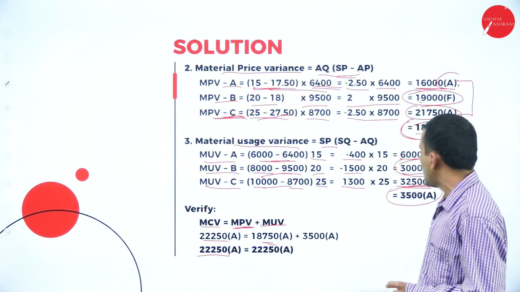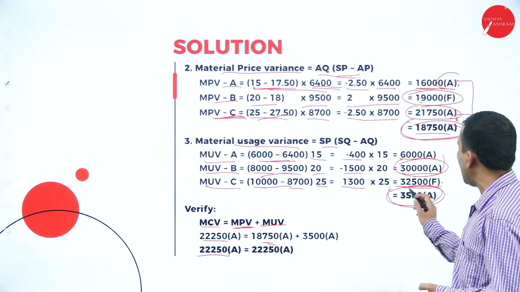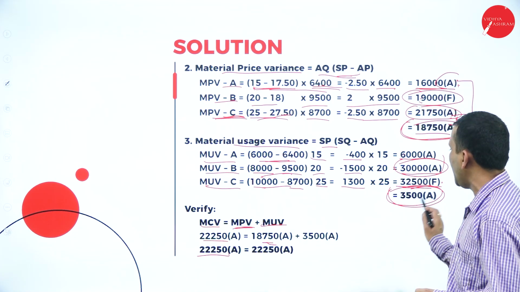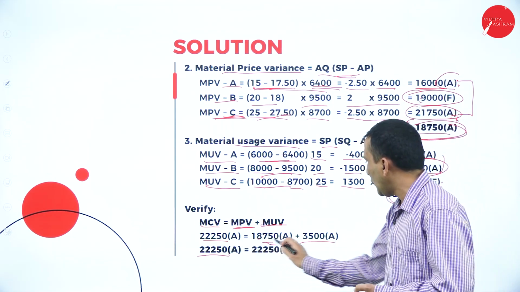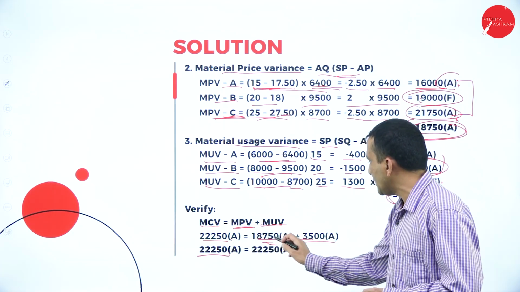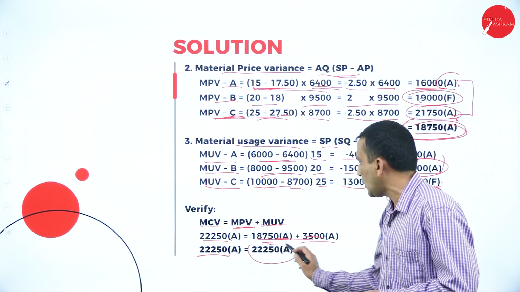Under material usage, after adjusting, we got an adverse result of 3,500. If you add together, it equals the adverse 22,250.